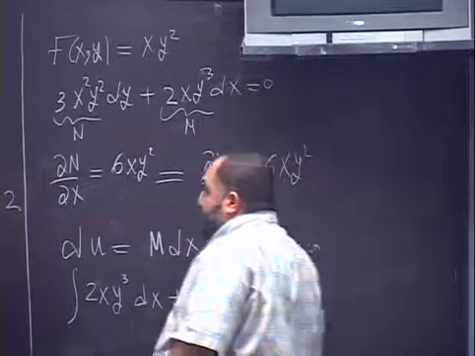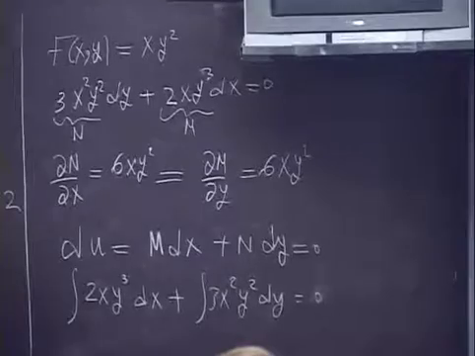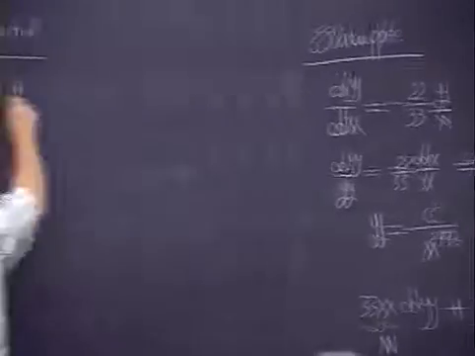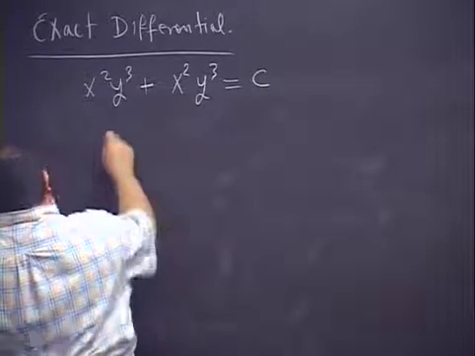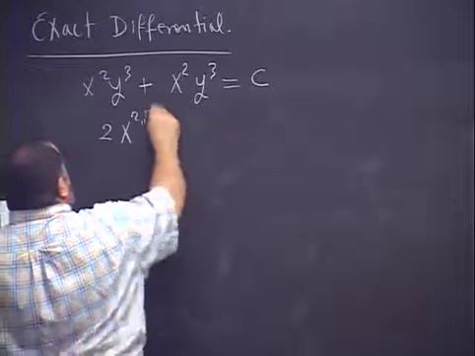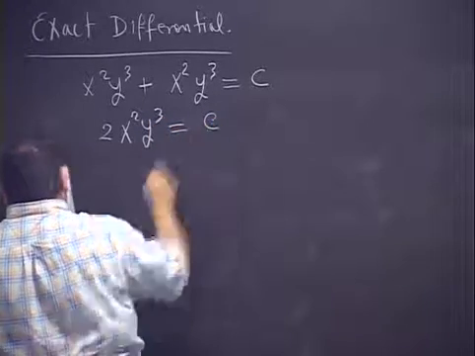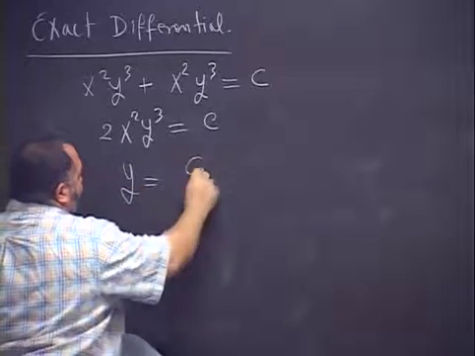So what's the integration of the first one? X square y cubed plus x square y cubed equal to what? Some constant c, or this will give you 2x square y cubed is equal to c, or y will be equal to what?